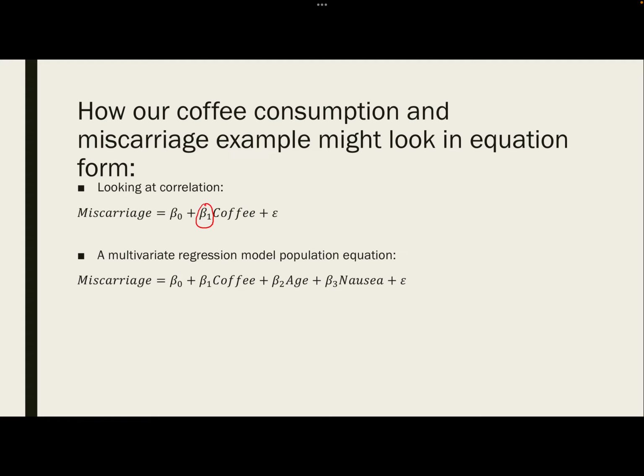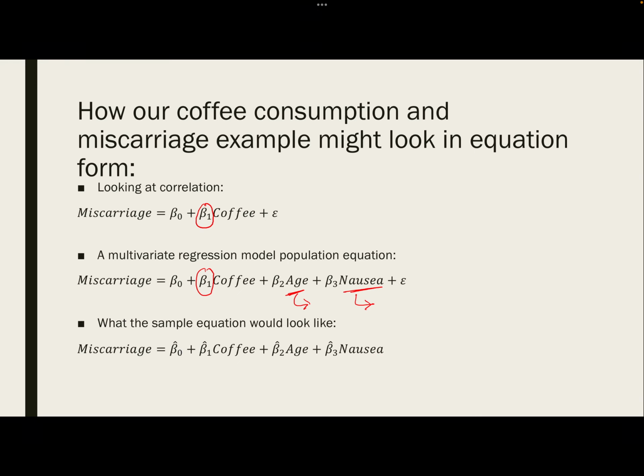But then we talked about how it might make sense to control for age and nausea. So now this beta 1 tells us if two people are the same age and have the same nausea level when they are pregnant, how much drinking coffee will increase or decrease miscarriages, or maybe not much of an effect.